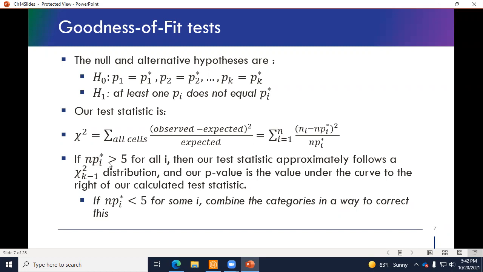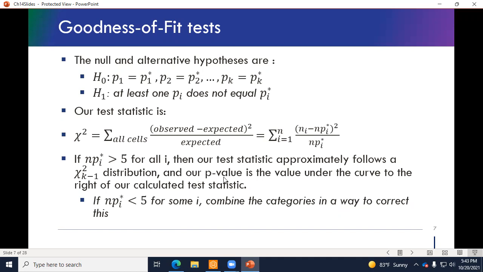If n times pi star is greater than 5, then our test statistic, this thing, approximately follows a chi-square distribution with k minus 1 degrees of freedom. So now we know the test statistic has a distribution. It's just a chi-square distribution. We didn't talk about this chi-square distribution, but we'll talk about it here.